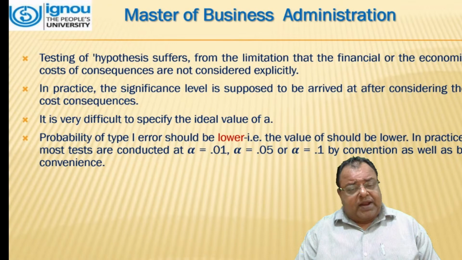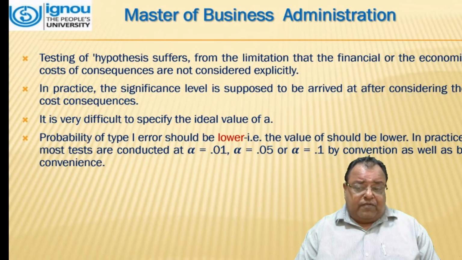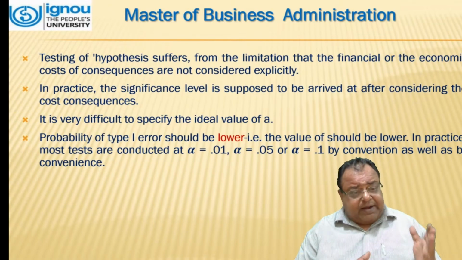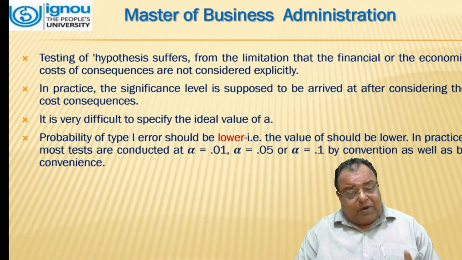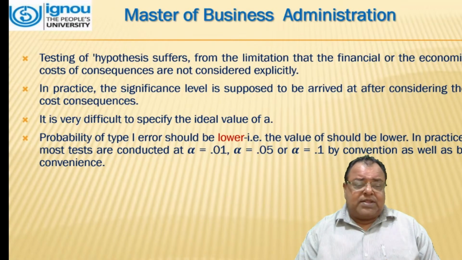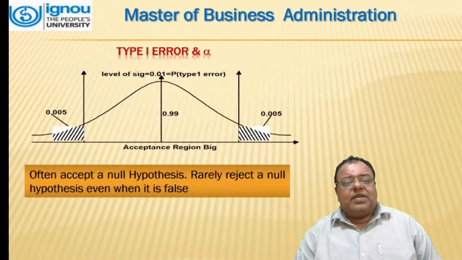Probability of type 1 error should be lower. That is, the value of alpha should be lower. And in practice, most tests are conducted at alpha equal to 0.01, alpha equal to 0.05, or alpha equal to 0.1 by convention as well as by convenience.